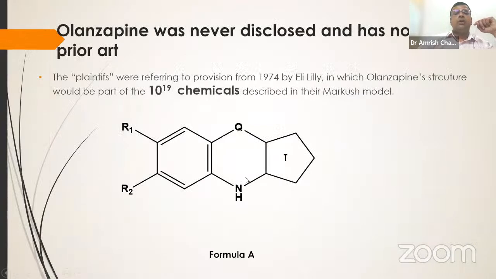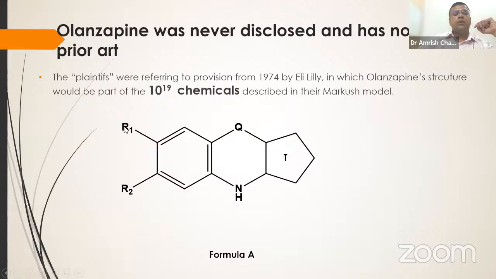Now what the competitors basically did was they said that this particular molecule is known, and here you have R1 and R2, and here you have R3 or whatever it is, and this is T, which can be changed. So if you change R1, R2, you also change this Q, and you also change this moiety at T, or this whole moiety, you can make 10 to the power 19 chemicals out of it.